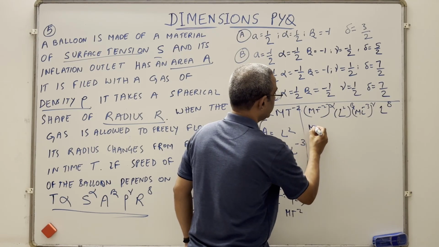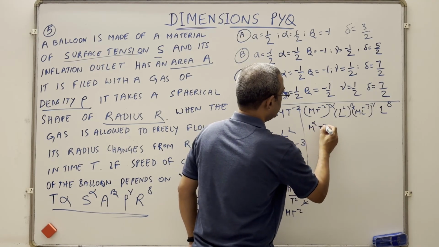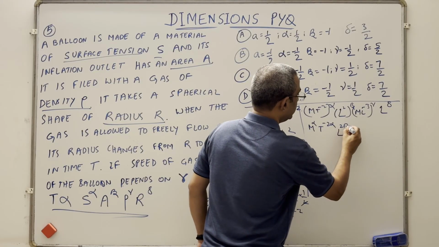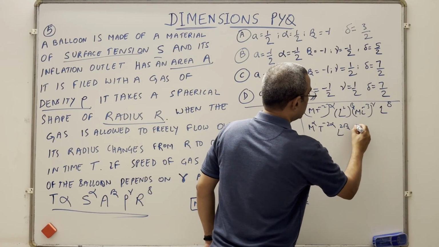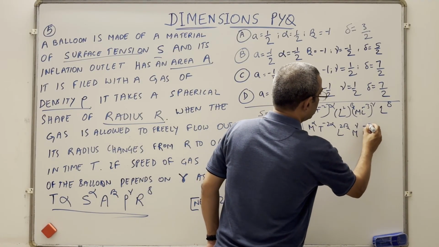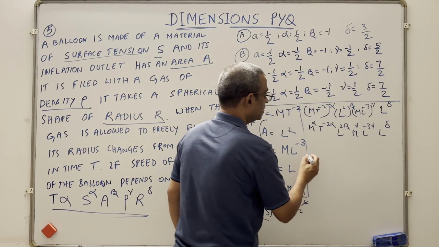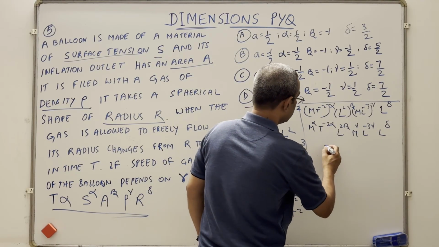We have M power alpha, T power minus 2 alpha, L power 2 beta, M power gamma, L power minus 3 gamma, L power delta. So let us gather all the M's together.